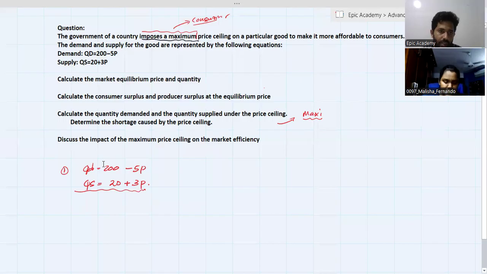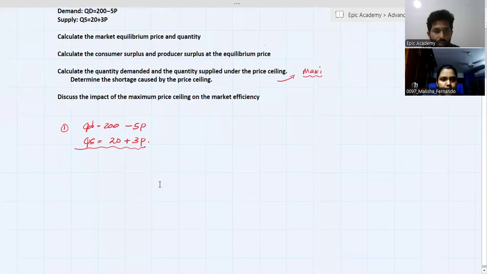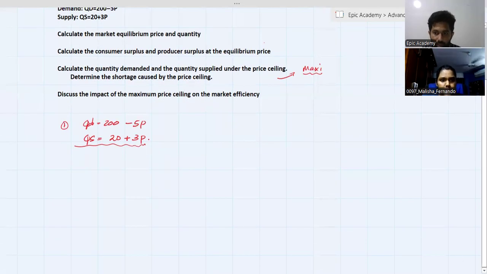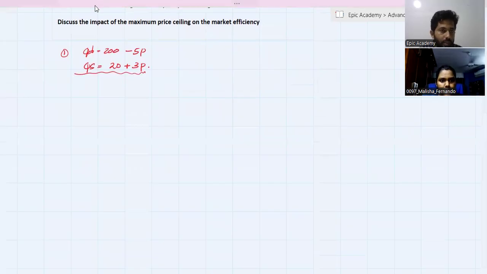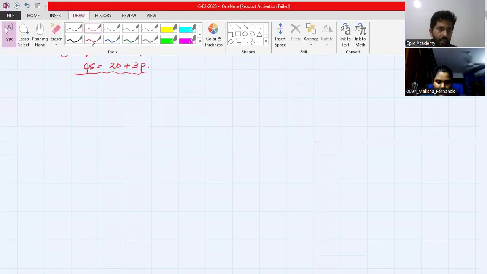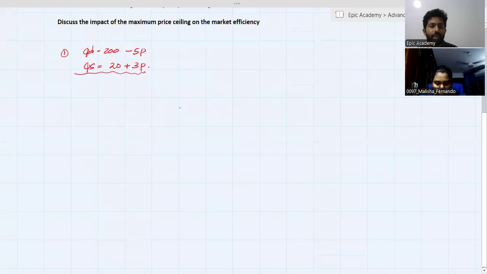Now by using these two equations, we can calculate the market equilibrium price and market equilibrium quantity. The concept behind that calculation is that in equilibrium, QD must be equal to QS. This is the rational thinking.